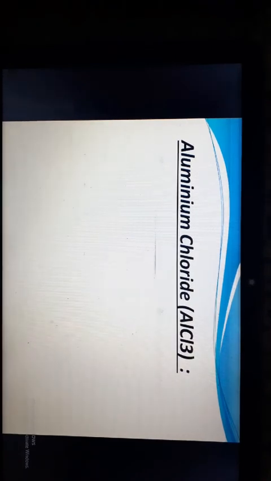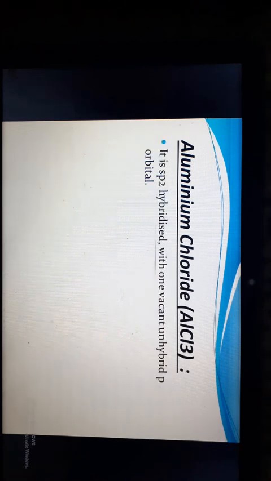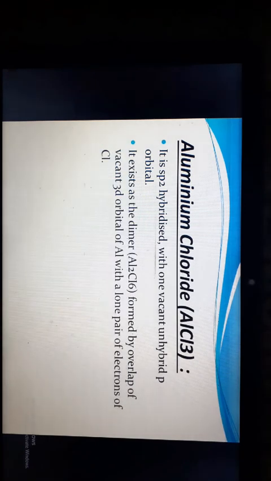Next comes aluminium chloride, that is AlCl3. It is also sp2 hybridized. Again it has one vacant unhybridized p orbital. Here also one vacant p orbital is present in aluminium chloride. It exists as a dimer, Al2Cl6.